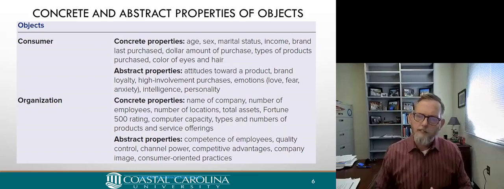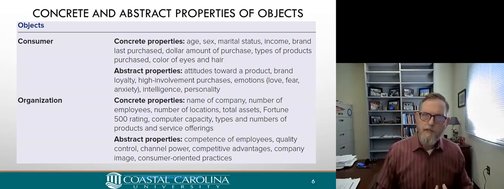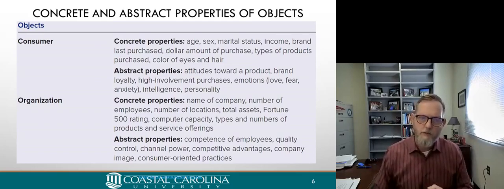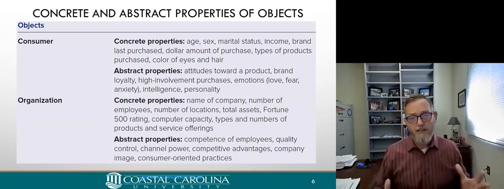Again, compare and contrast concrete versus abstract properties. In an organization, concrete properties could be descriptors that are very objective: name of the company, number of employees, number of locations, total assets. These are all countable, directly observable things.